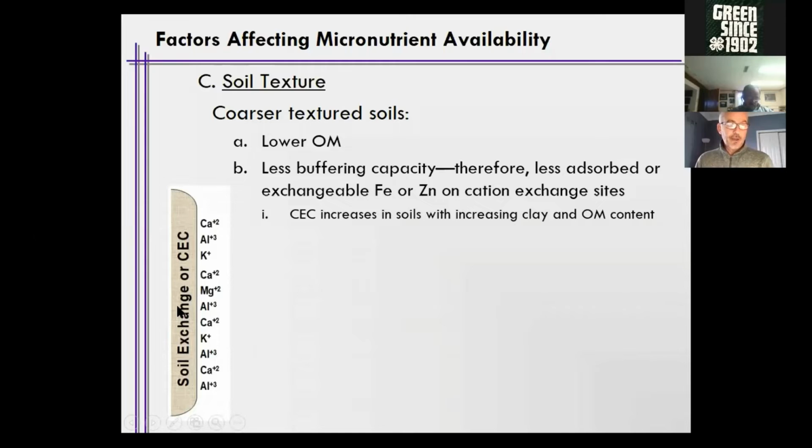And so the greater buffering capacity you have against that change when plants are taking up nutrients that are being essentially stripped off of the exchange sites. And this includes iron and zinc as well. So the CEC is lower in coarse textured soil, so there's less buffering capacity against change in iron and zinc in solution, where the plants pull up iron and zinc or absorb iron and zinc.